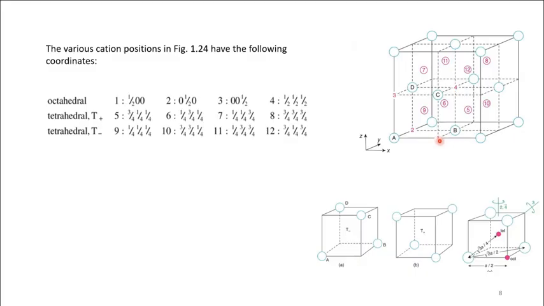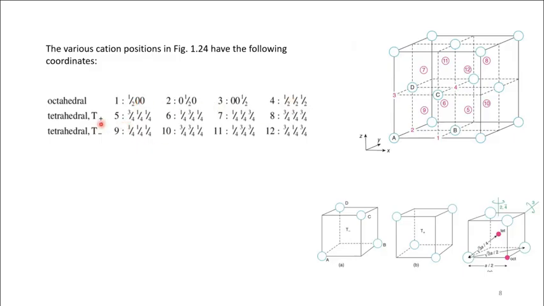If we go to Y, that will be 0, half, 0. And if we go to Z, 3 will be 0, 0, half. And for 4, we will say half, half, half. This is how we get the octahedral coordinates.